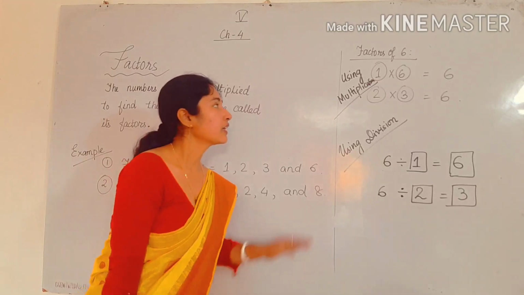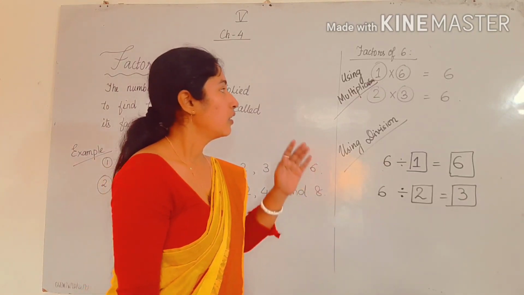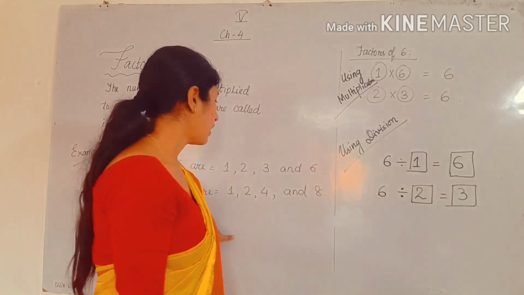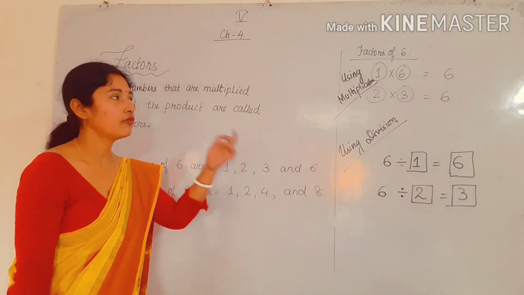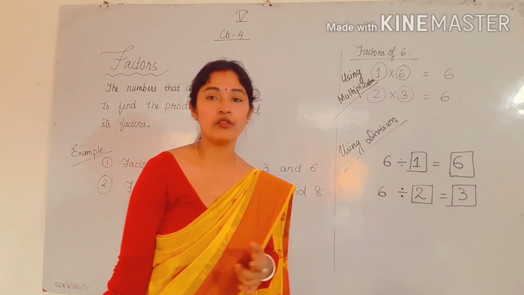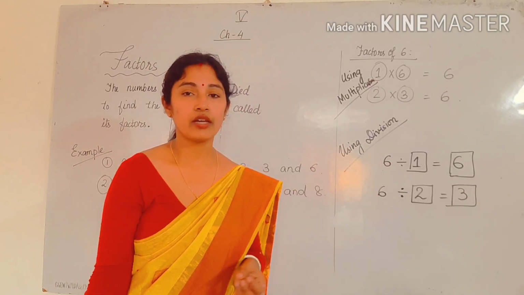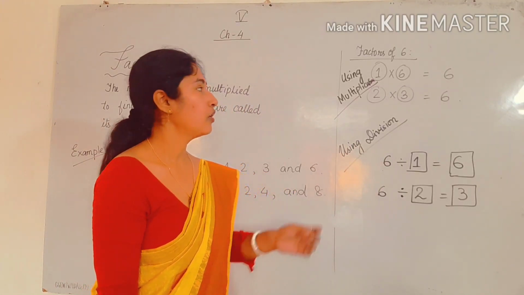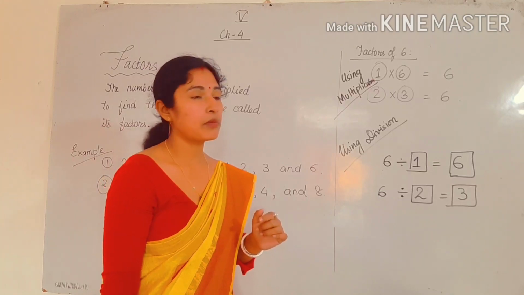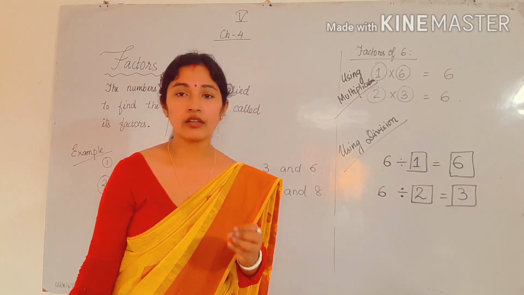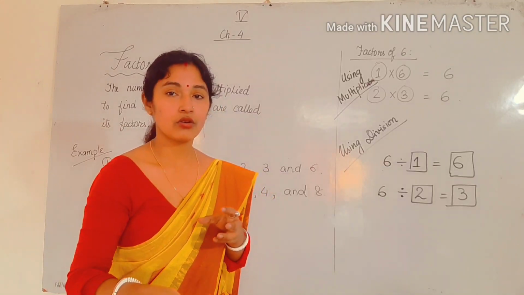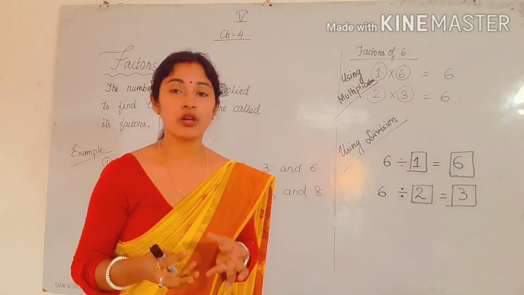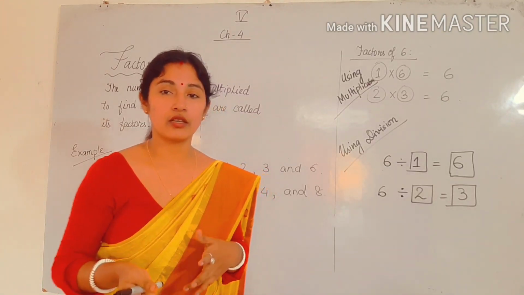Next is the factors of 6. We can write the factors by using the multiplication table, or we can use division to find the factors of a given number. When we multiply two numbers and get 6, we have to check which two numbers give 6.